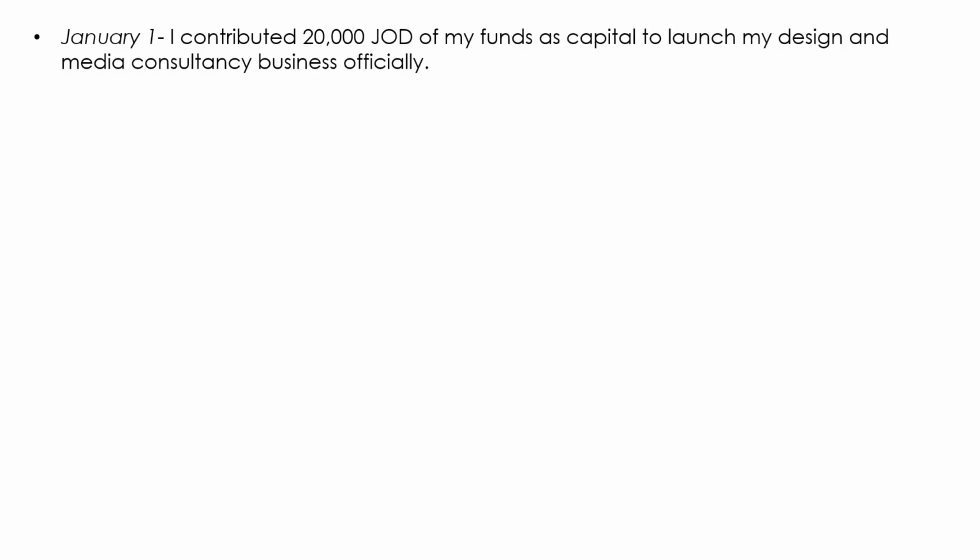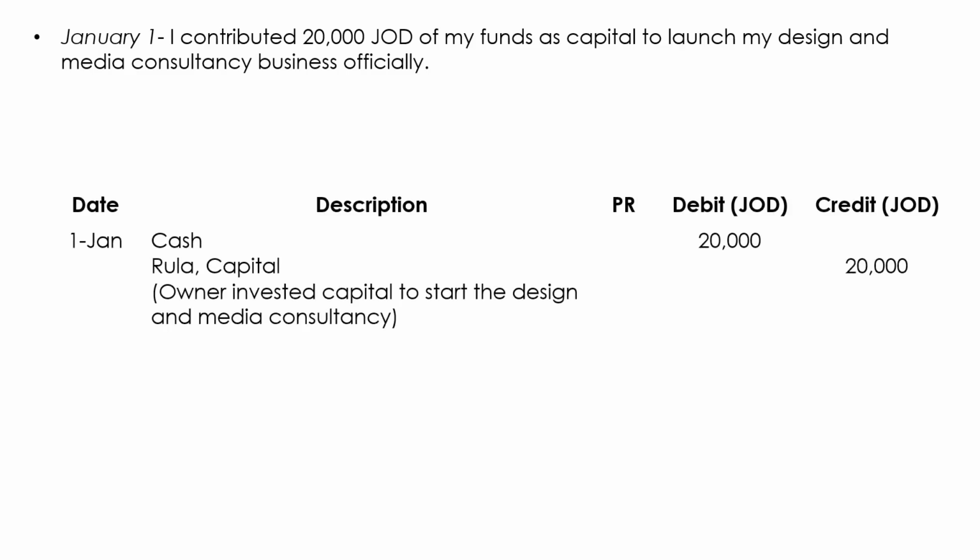Moving forward, this is how I recorded the initial transactions in my company's books when we were just starting out. The first thing I did on January 1st was invest 20,000 dinars of my own money into the business to get things going. This capital represents my personal contribution, so I recorded it as a debit to cash and a credit to Rula capital.